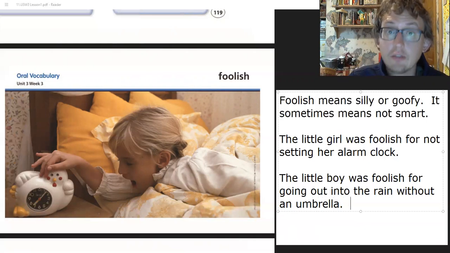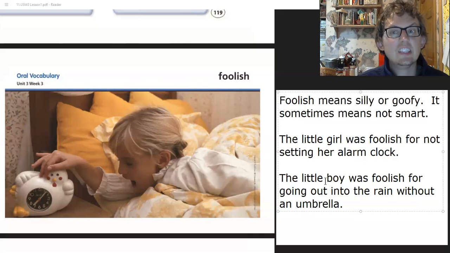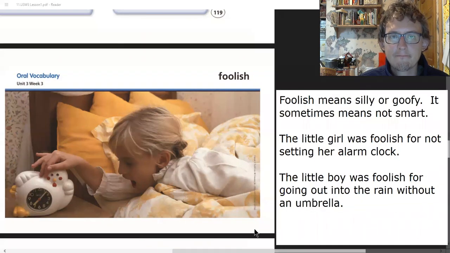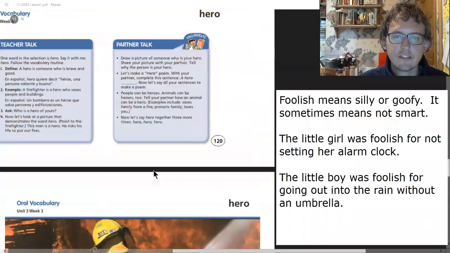And if you get wet, you might get sick. So if a little boy goes out in the rain without an umbrella, we can say that he's foolish, right? So maybe if you run out in the rain without an umbrella, your mother or father will call you foolish. Don't do that. Make sure you take an umbrella and make sure you set your alarm clock. Okay? Let's go to the next word.